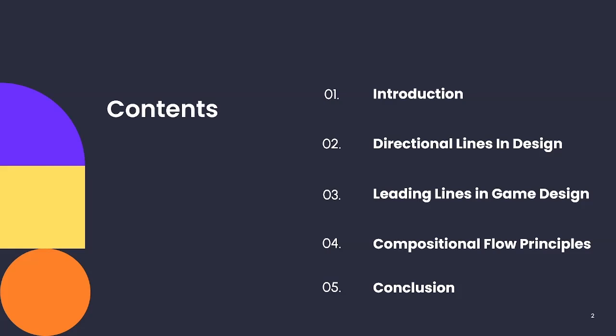And then we'll go into leading lines in game design and how the same principles from directional lines and other parts of design can be applied to games. And then we'll move on to using the rest of the compositional flow toolkit and those principles to better enforce and help your games, using the same principles that you use in other art. And then we move on to a conclusion.